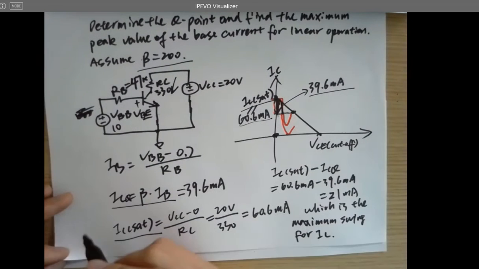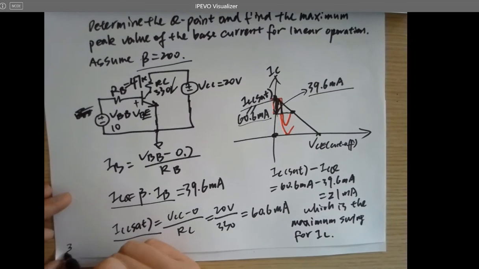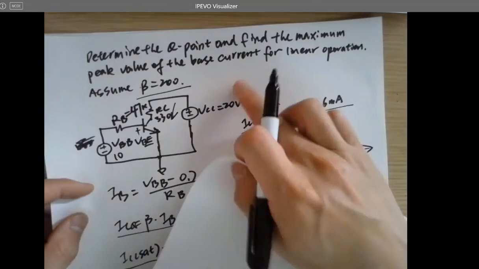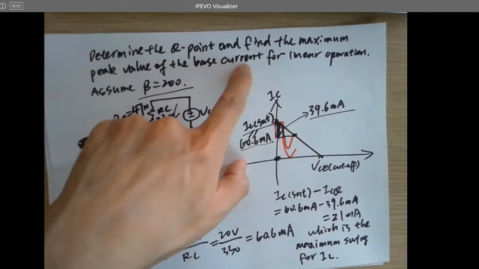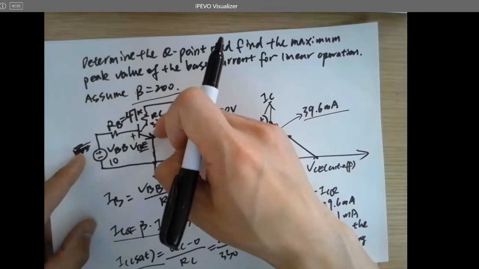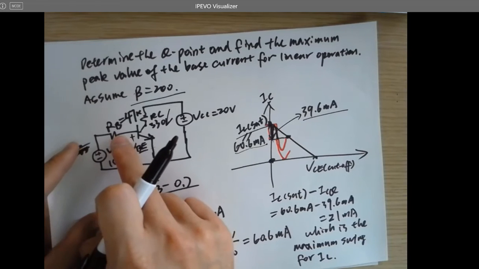Then you calculate IB using beta, so you can answer the question. The peak value of the base current, because this is the amplified current, which is IC. So the base current is over here, right?